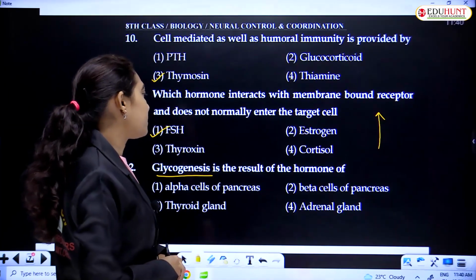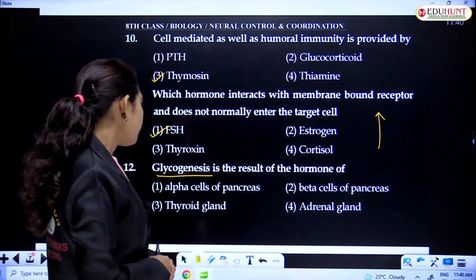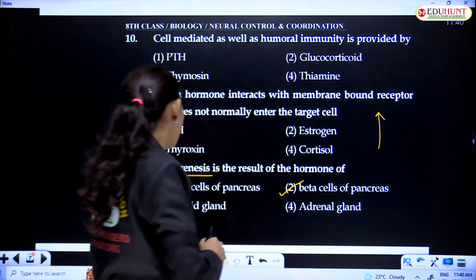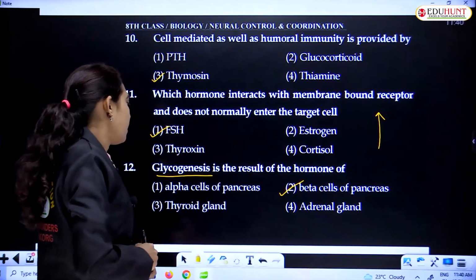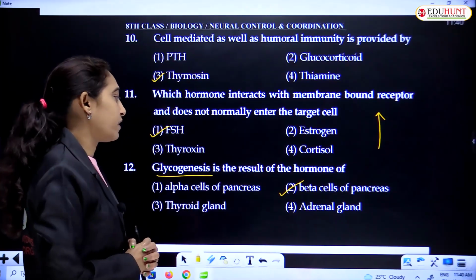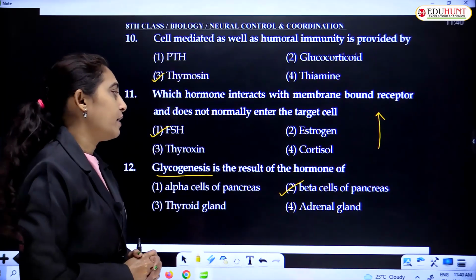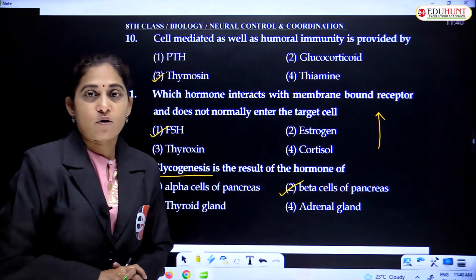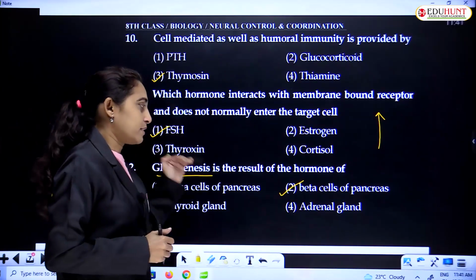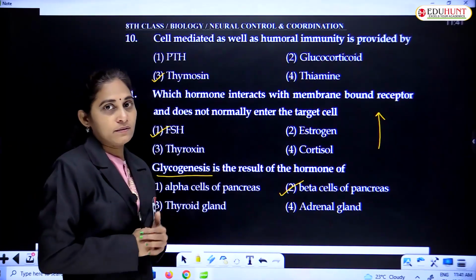The options are alpha cells of the pancreas, beta cells of the pancreas, thyroid gland and adrenal gland. This is an indirect question.